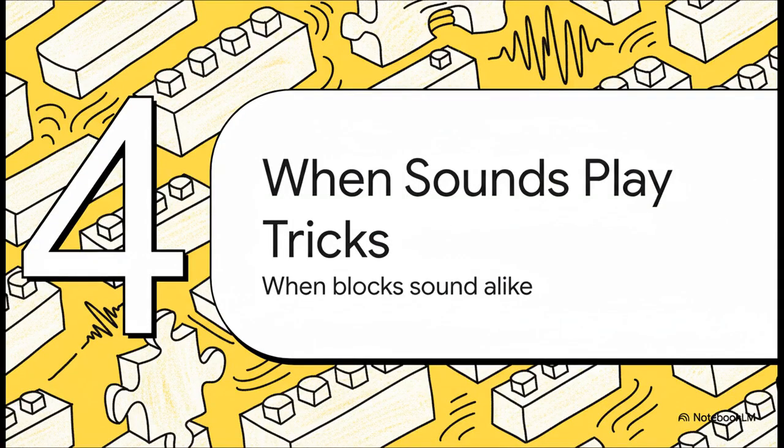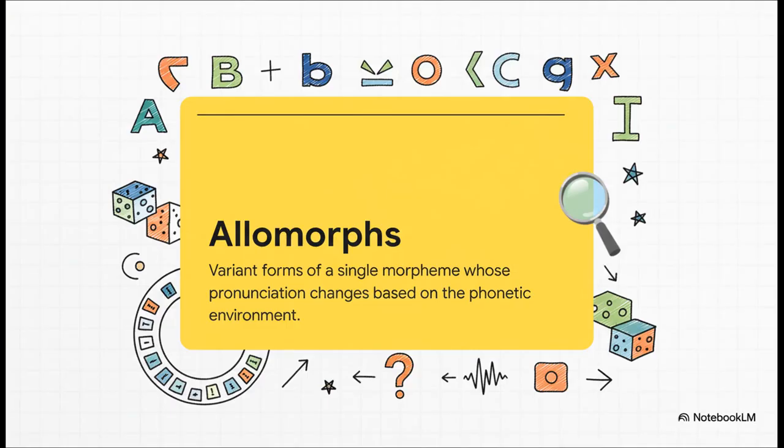Okay, we've covered a lot of ground. For our last section, we're going to look at where things can get a little tricky. This is where language sometimes plays tricks on our ears, with these building blocks that sound alike but have very different jobs. First up, let's talk about allomorphs. You can think of these as a single morpheme that just likes to wear different costumes.